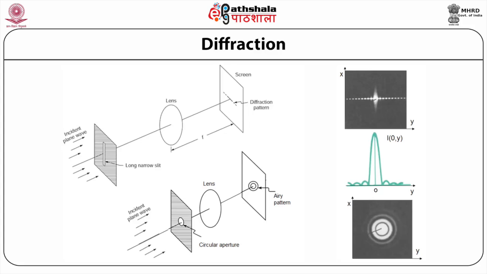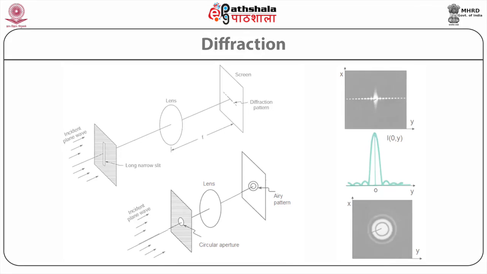For a rectangular aperture or slit, depending on the direction in which the slit is extended, you don't see any kind of pattern, but in the direction of the width of the slit you see a nice diffraction pattern.